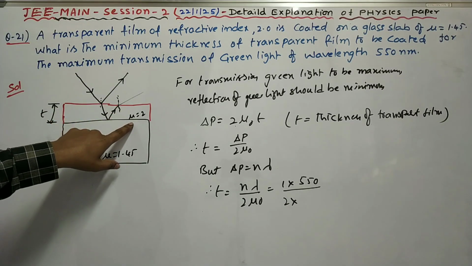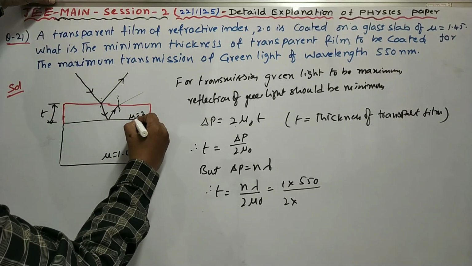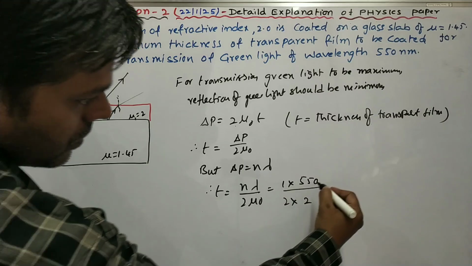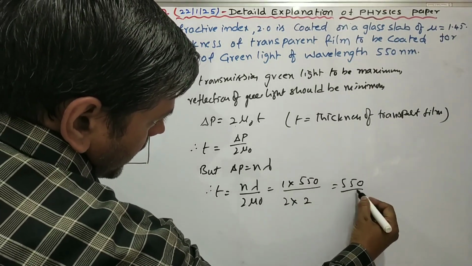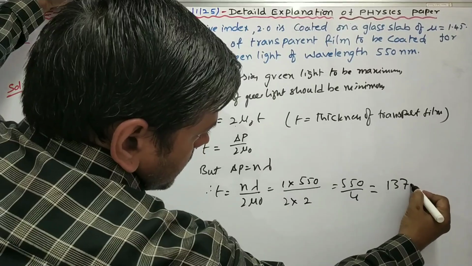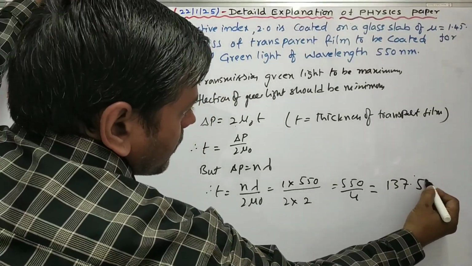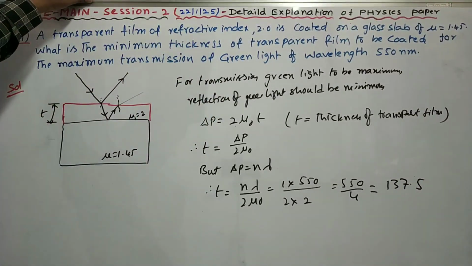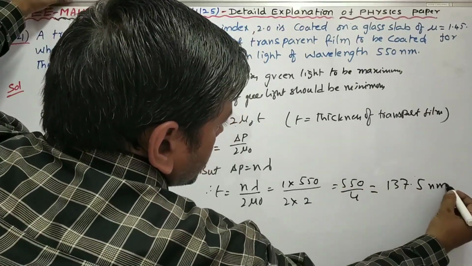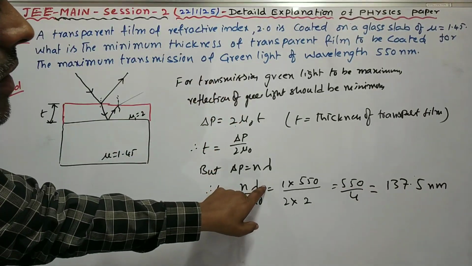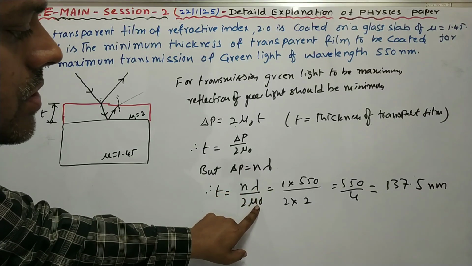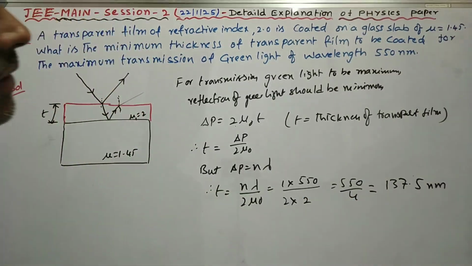Mu naught is 2, so 550 by 4, and you get 137.5 nanometer. Why nanometer? Because lambda is in nanometer and mu naught doesn't have any unit, so the answer must be in nanometer. That's it.